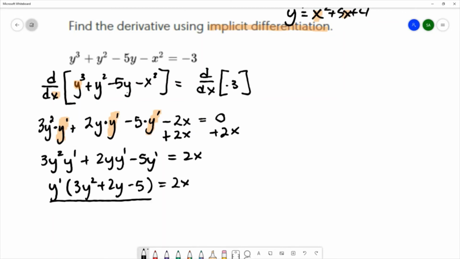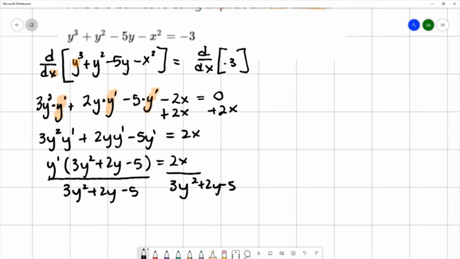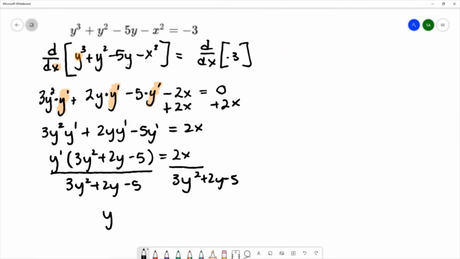So I'll divide by 3y squared plus 2y minus 5 on both sides. So now I've solved for y prime. That's 2x over 3y squared plus 2y minus 5. And we've now calculated the derivative of y, even though we weren't able to write y explicitly.